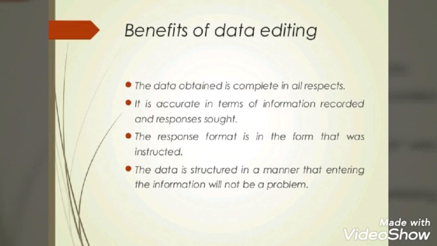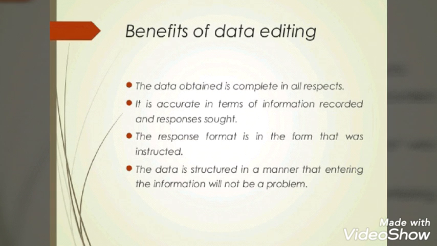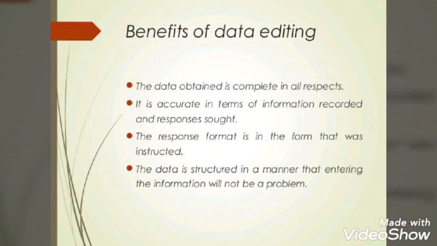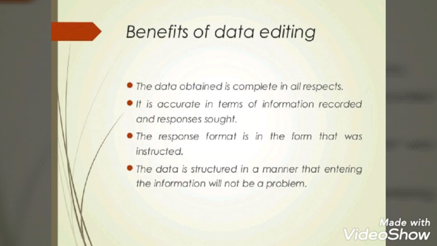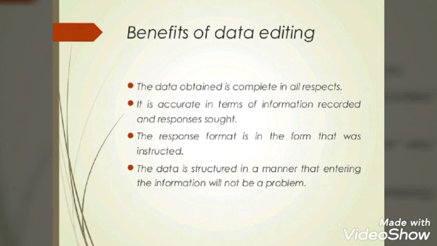Then the benefits of data editing. Data obtained is complete in all respects. Since you are doing it day by day, that is field editing or central editing, this makes your data complete. It is accurate in terms of information recorded and responses sought. It is appropriate, since you are doing editing, so no mistakes are found. There is very rare chance of getting mistakes in your data.